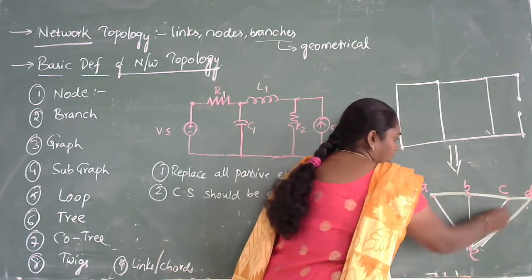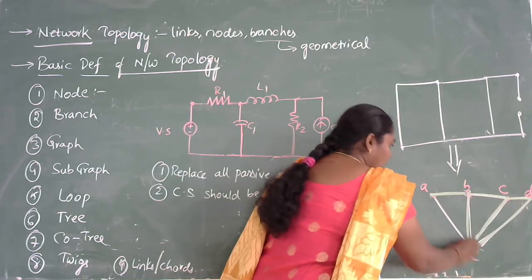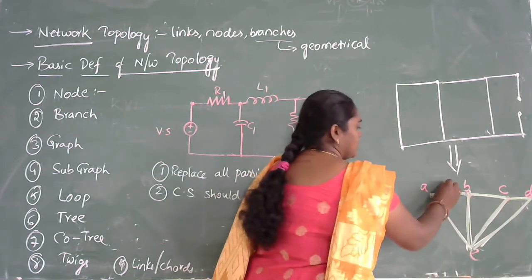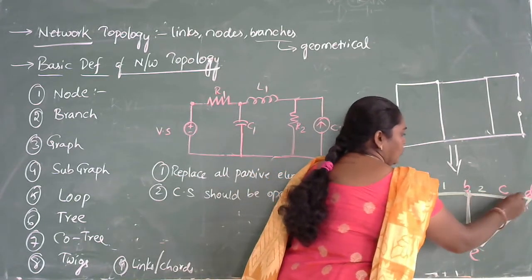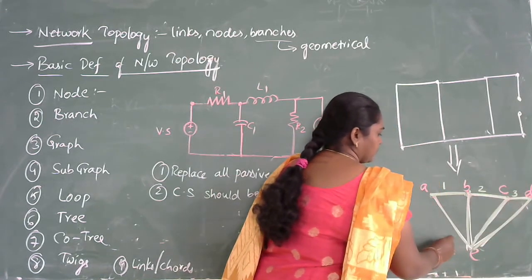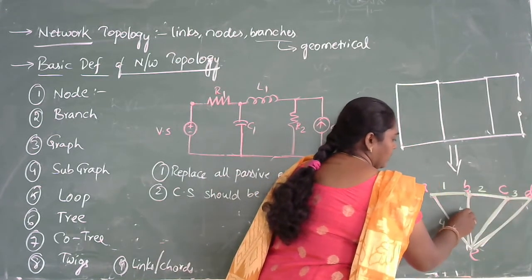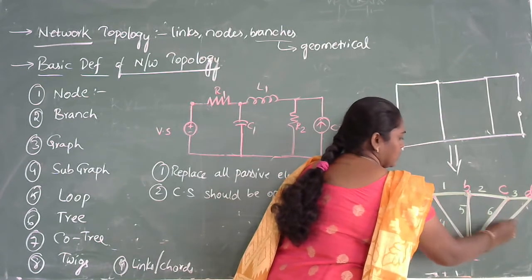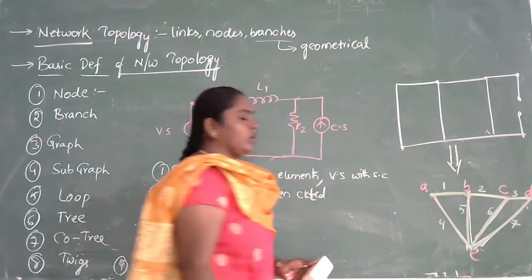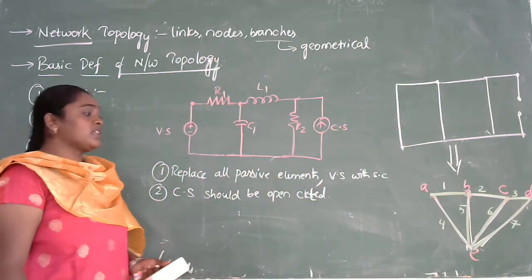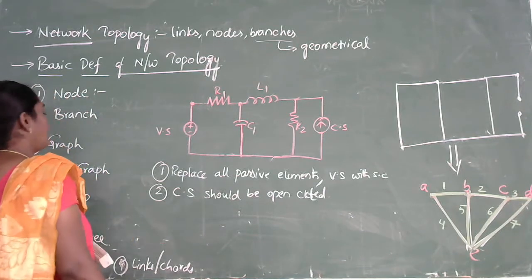So in this figure, how many branches? 1, 2, 3, 4, 5, 6, 7. So in total it consists of 7 branches and 5 nodes.